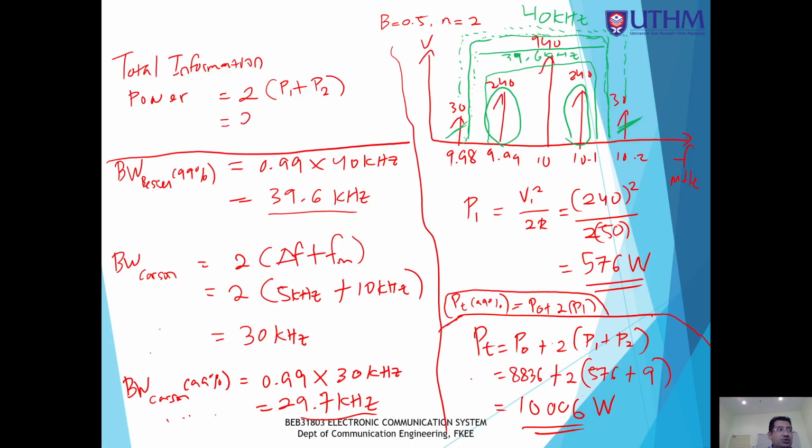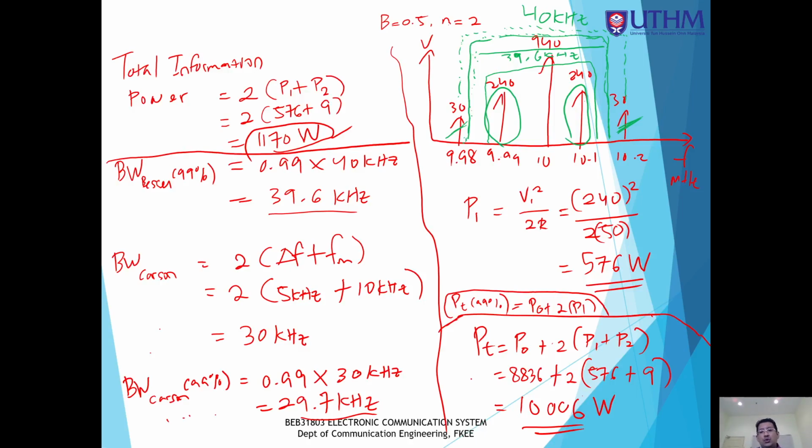So that means 2 times 576 plus 9, which is equal to 1170 watts. So if the question asks for total information power, we calculate the total power in the sidebands only, because the sidebands carry the information.